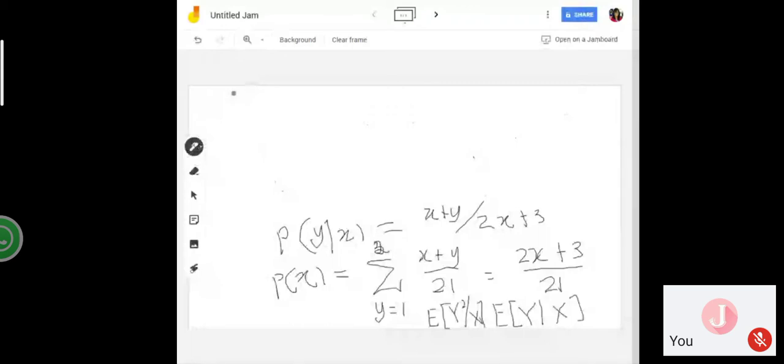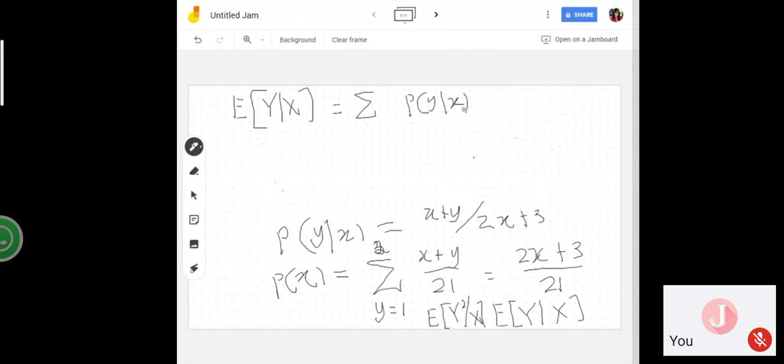So first expected value. Okay, siapa dah siap boleh bagi jawapan. What is expected value of Y given X? So formula senang. Summation. Sebab kita ada Y given X, kita perlu P Y given X. And then on top is Y, so kita letak Y. And then this should be summation at all values of Y, bukan X. Kita tengok yang atas.